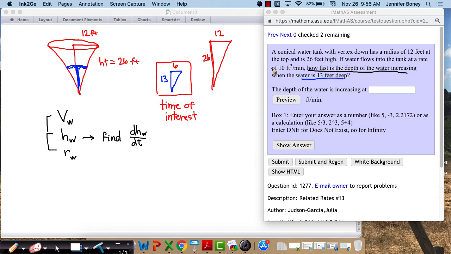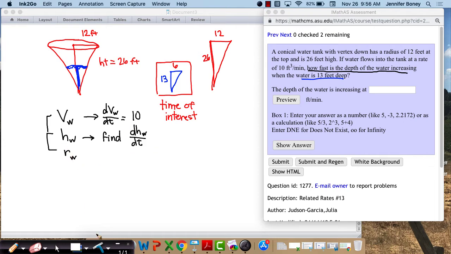Water's flowing into the tank at a rate of 10 cubic feet per minute. Cubic feet per minute is talking about how volume changes. So we know that the rate of change of the volume of the water, not the volume of the cone, just the volume of the water, is increasing by 10 cubic feet per minute. So I'll just write positive 10.